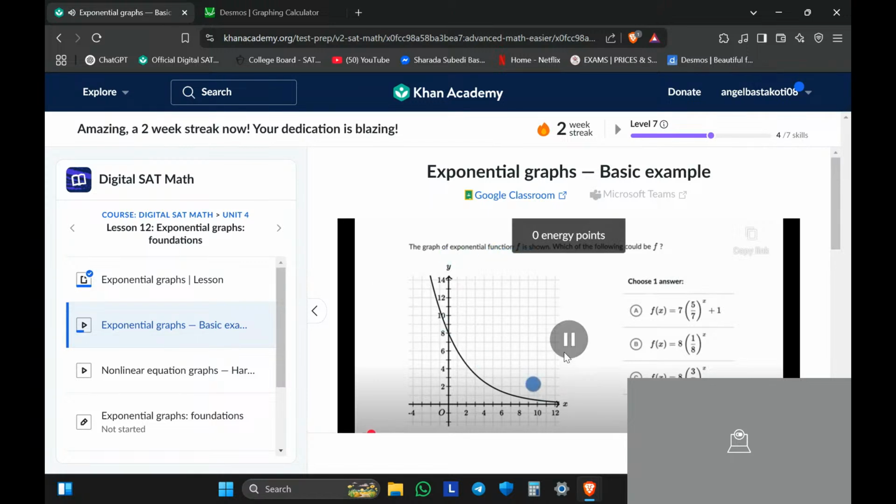We're told that the graph of exponential f is shown right over here. Declining here, and we can see here we're taking 5/7 to the x.